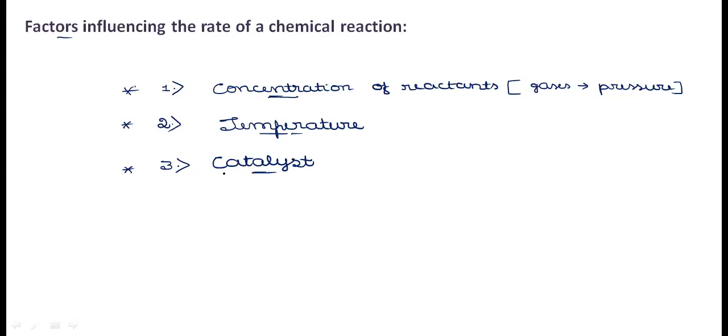Now we'll learn one by one each factor to support the kinetic aspect. We'll take the first one, concentration of the reactant. We know that without reactant, the reaction will not proceed.